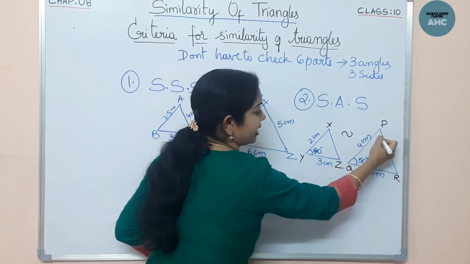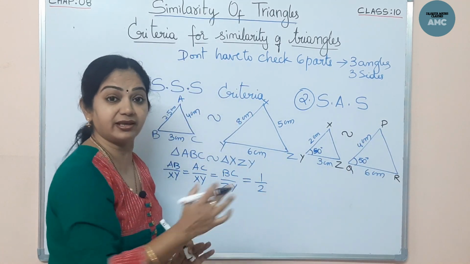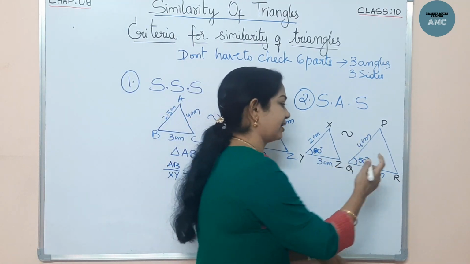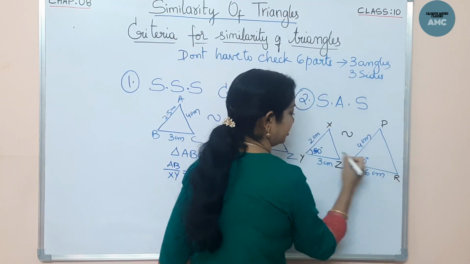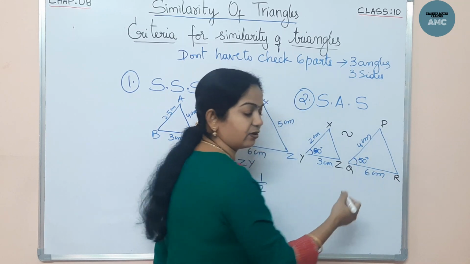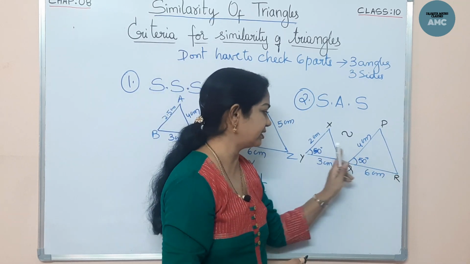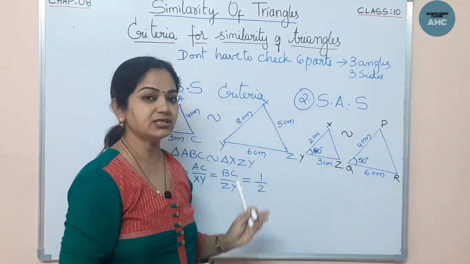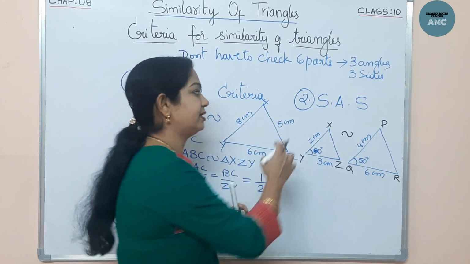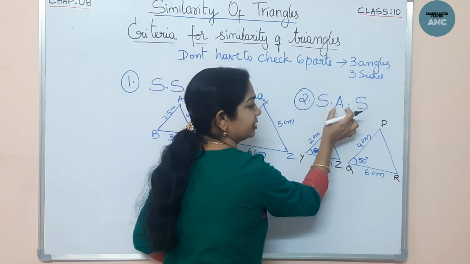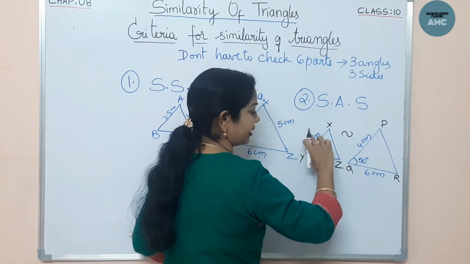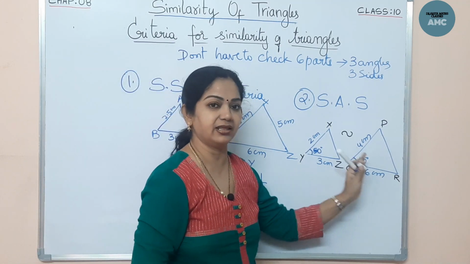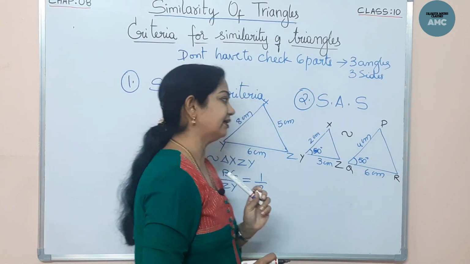If some other angle is equal, then we cannot say that they are similar. See, if two sides are equal and some other angle, some 70 here and some 60 here, if they are equal also, 70 and 70, that doesn't satisfy this criteria, because the angle must be sandwiched here. It is called the included angle between these two sides. Then with this condition, I can say that these two are similar.